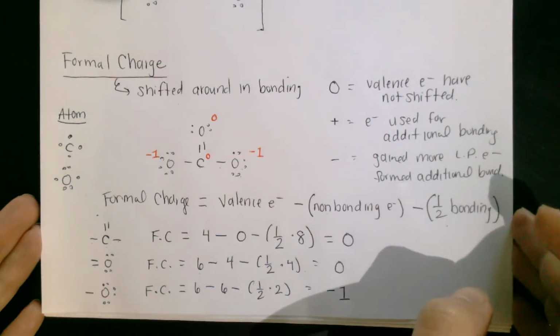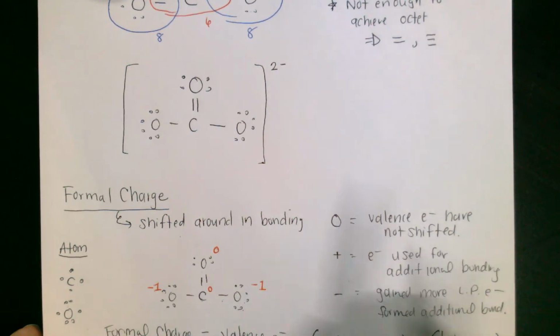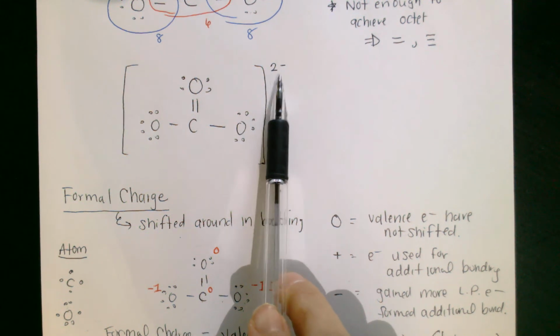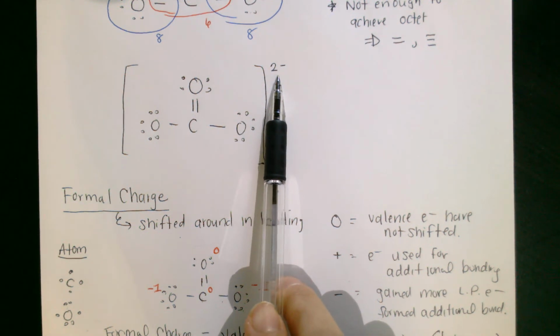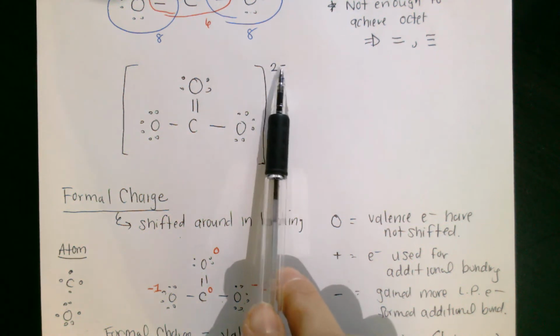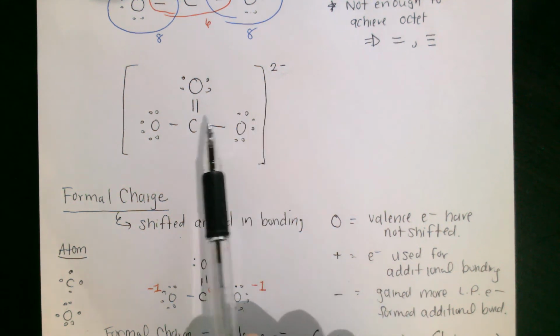So we go back up here and look. We do know that this ion has an overall charge of minus 2. So what does this mean? It means 2 electrons were added in to make this molecule.